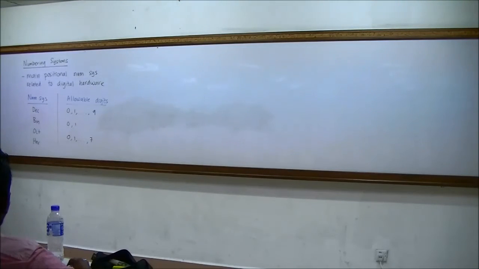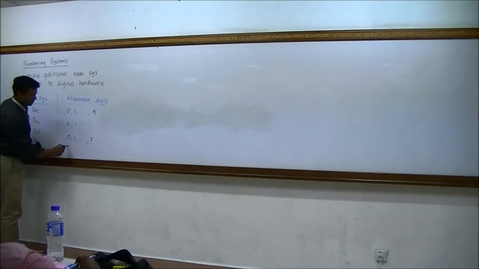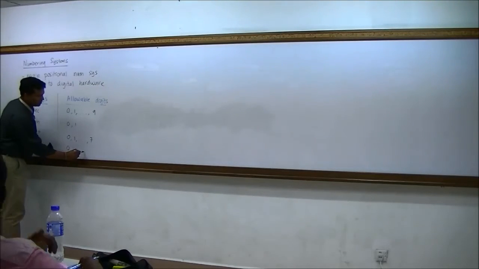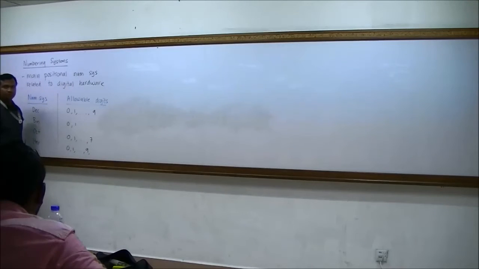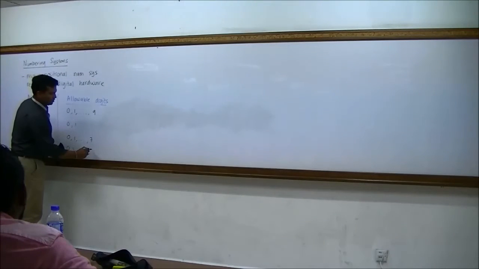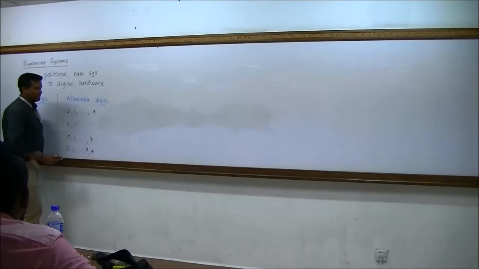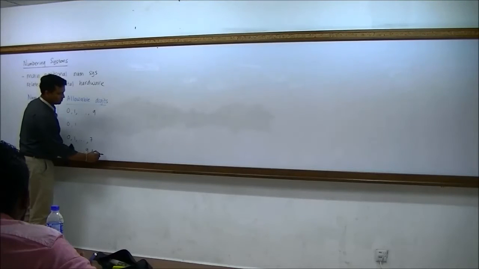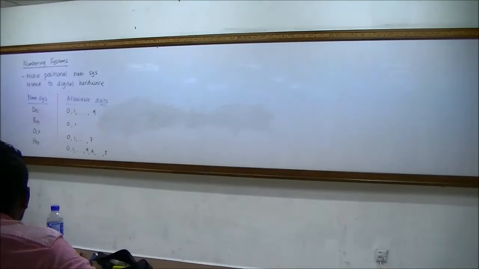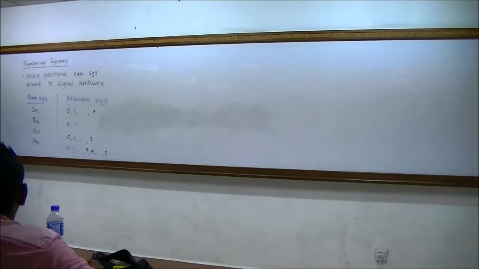So what's the range? It goes 0 until 9. After 9, you represent it with the alphabet A until F. What is the value of F in decimal? 15.